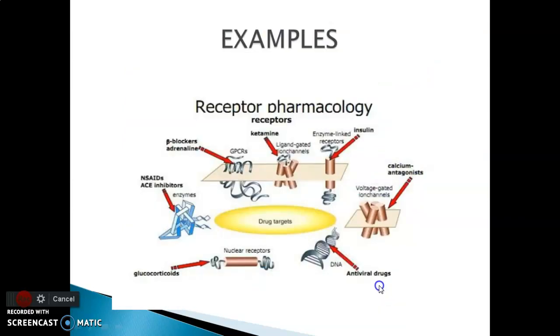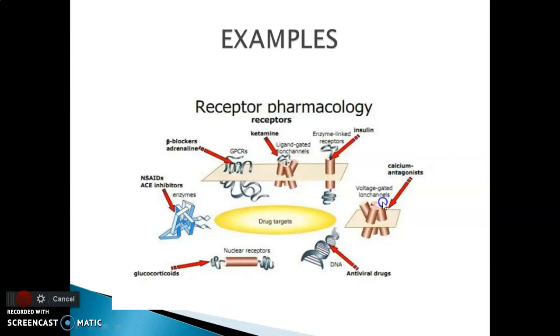These are certain examples of different drugs which bind with different types of receptors. Let's have a look. First, non-steroidal anti-inflammatory drugs and angiotensin converting enzyme inhibitors bind with enzymes. Beta blockers and adrenaline bind with GPCR. Ketamine binds with ligand-gated ion channels. Insulin binds with enzyme-linked receptors.